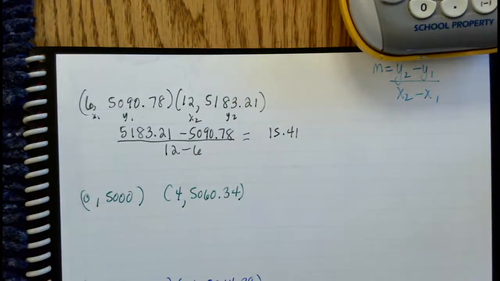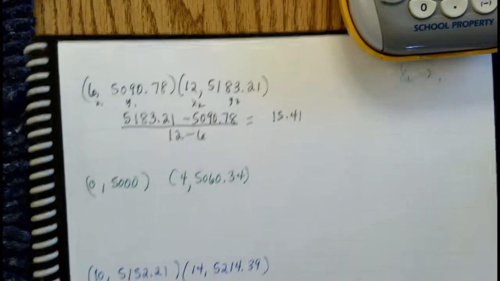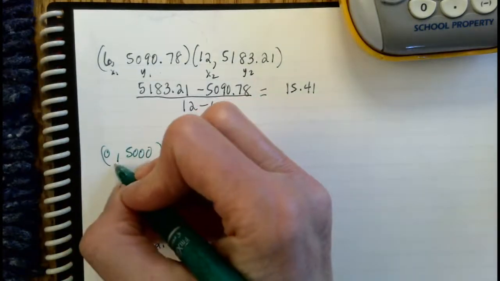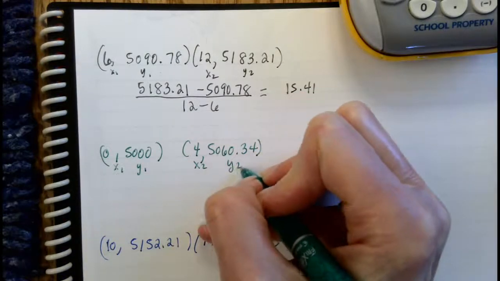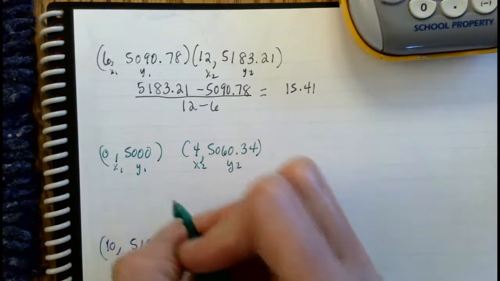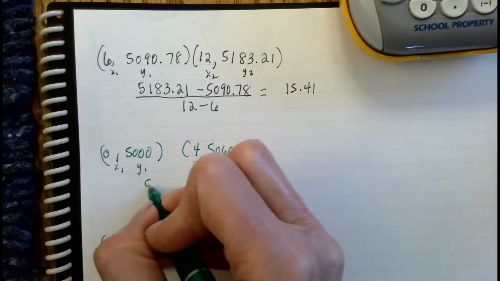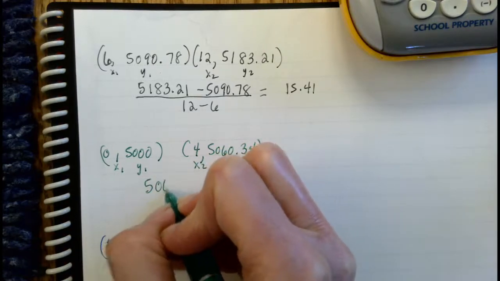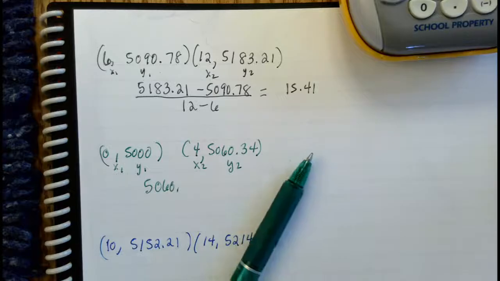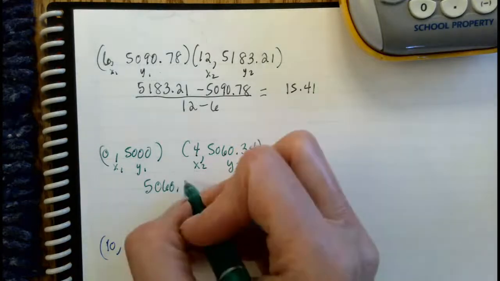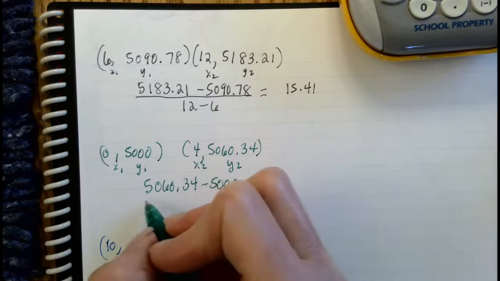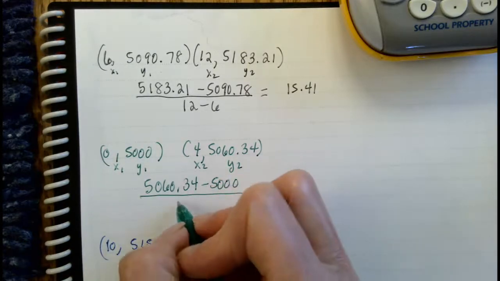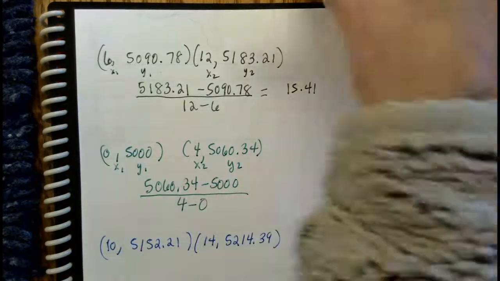Next interval, again, x1, y1, x2, y2. We get 5,060.34 minus 5,000 divided by 4 minus 0.